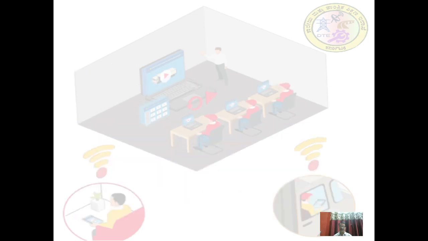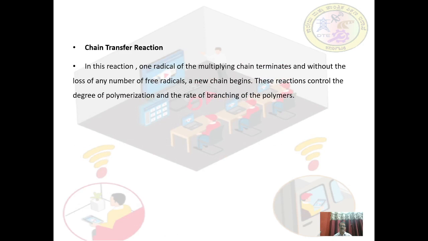The second one is chain transfer reaction. Here one radical of a multiplying chain terminates and without the loss of any number of free radicals, a new chain begins.